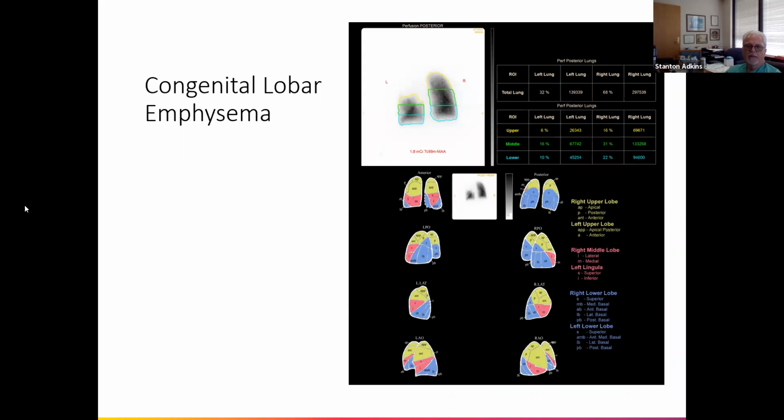Okay. And so what we had to do here was remove the left upper lobe, and the apex of the lower lobe was also emphysematous, so we were able to staple across that.